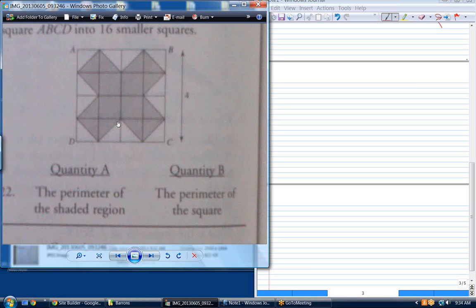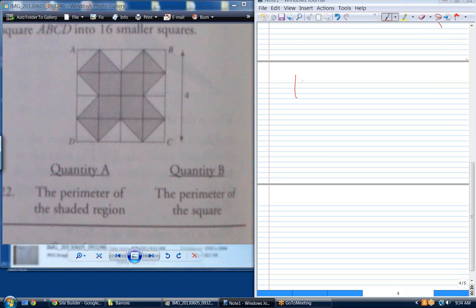And the perimeter of the actual square has 1, 2, 3, 4, 16. Is that correct? Mm-hmm. Although I'm not sure you did the inside. We got 1, 2, 3, 4, 5, 6, 7, 8, 9, 10, 11, 12. So we have 12 edges in figure A.